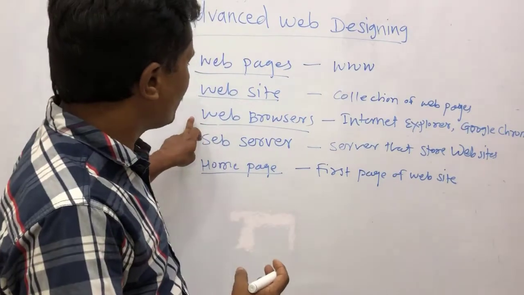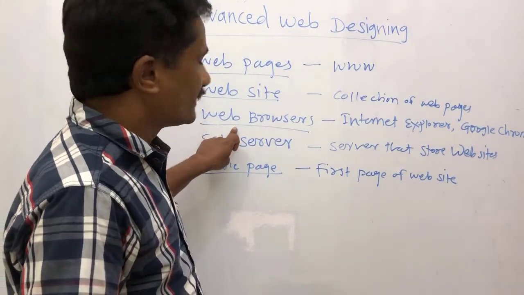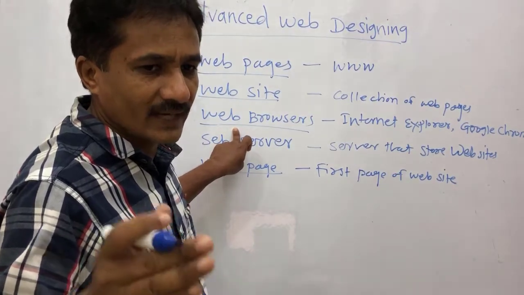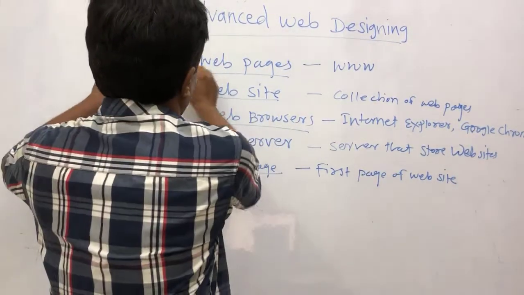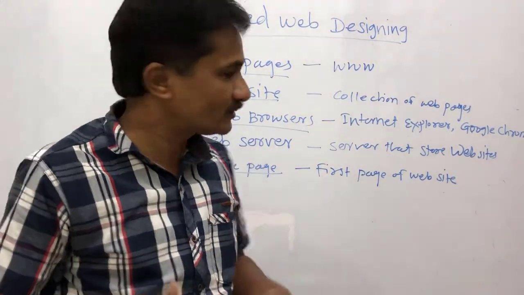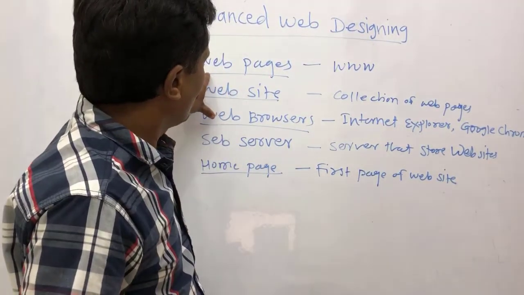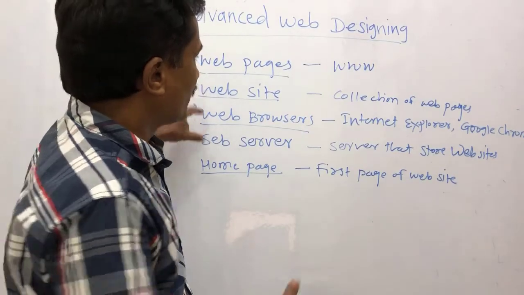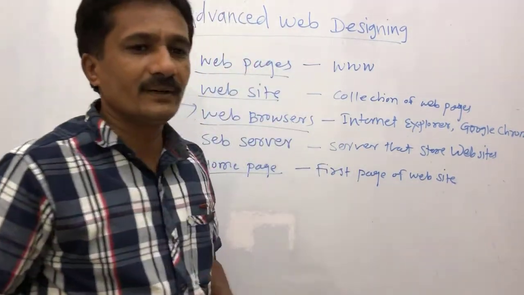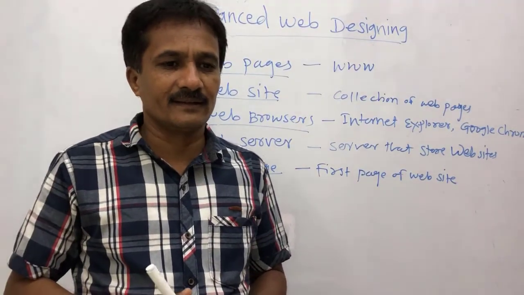These are examples of web browsers. Simply, a web browser is a software program through which you can access web pages. You should know these concepts before going on to study advanced web designing.